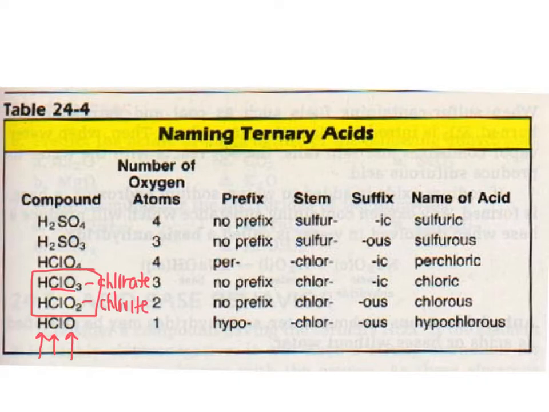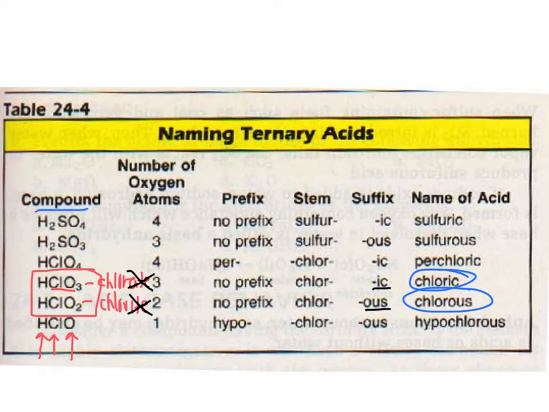So recognizing that this is an oxyacid, I'm going to cross out the suffix and replace it with ic, and I end up getting chloric acid. For the second example, since it ends in ite, I'm going to replace that with the us ending, and this time I get chlorous acid.